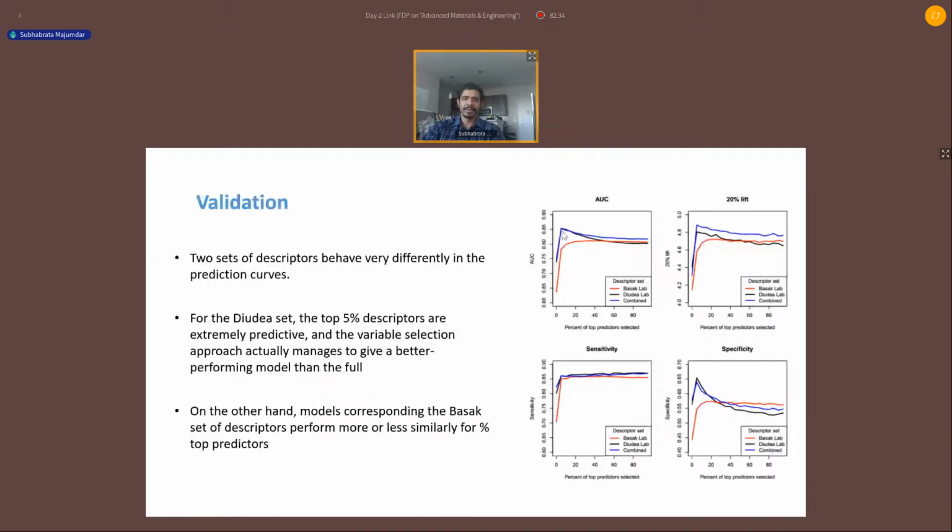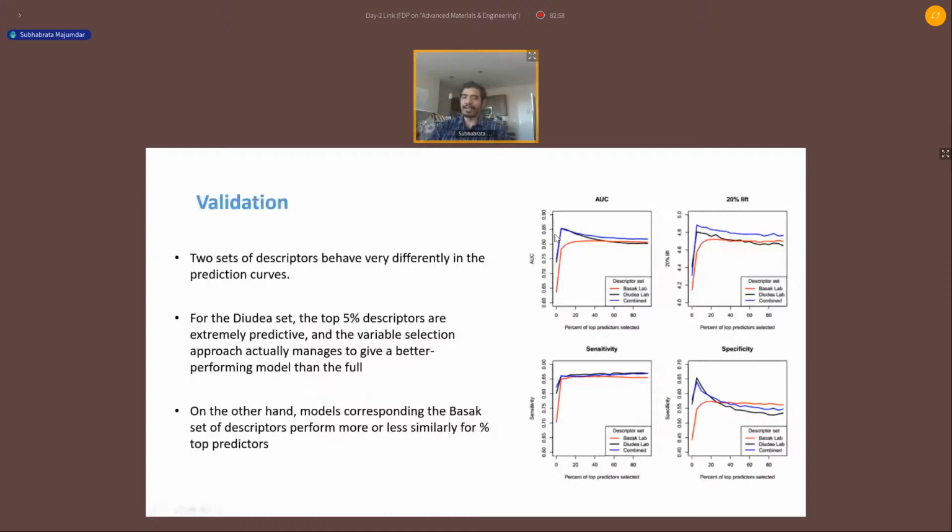And you can see that if we use 0% predictors, that's low, that's expected. But something useful happens when you use like 5% or 10% predictors for at least the DBEA and combined set of descriptors, in the sense that they actually perform better than the full model.